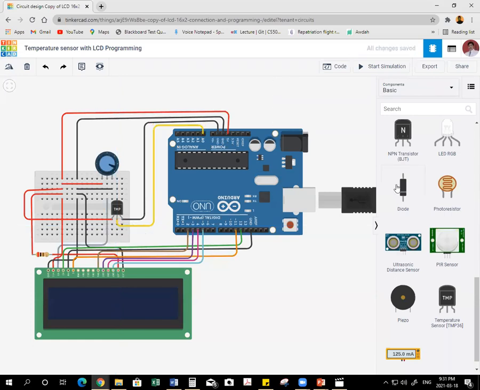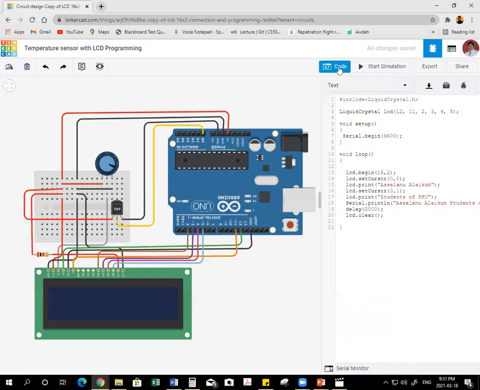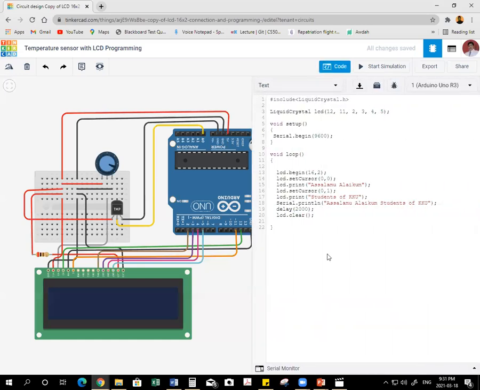The temperature sensor is connected. So everything is connected now. You have to go for the code now. So I need some equations. I have to write in the void setup, you have to write pinMode because we are connecting the temperature data as an input.